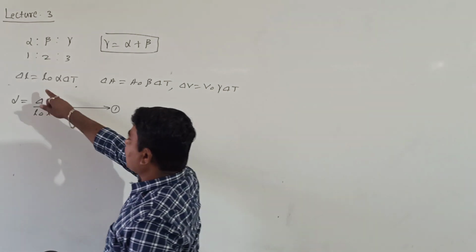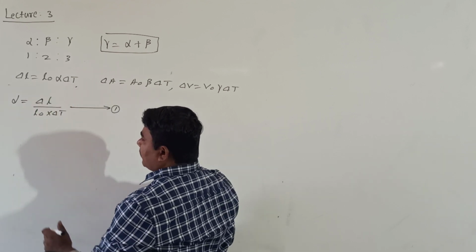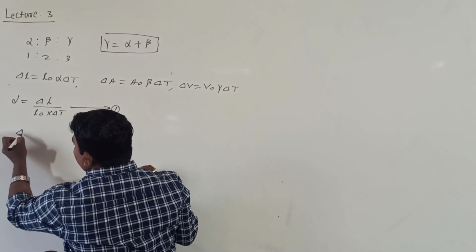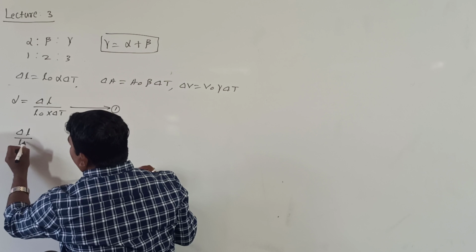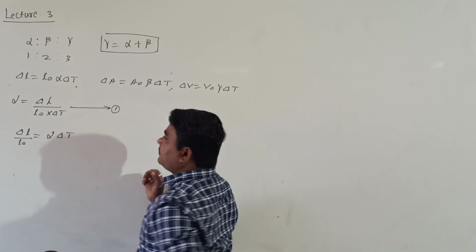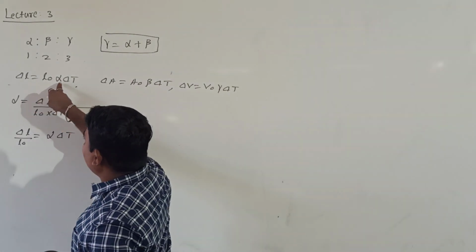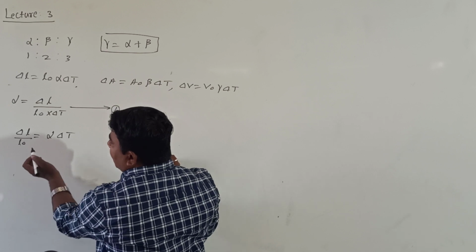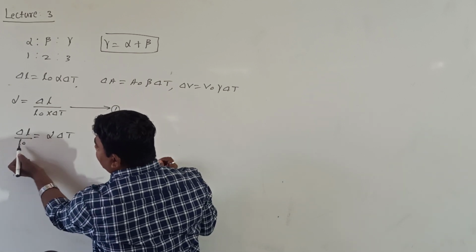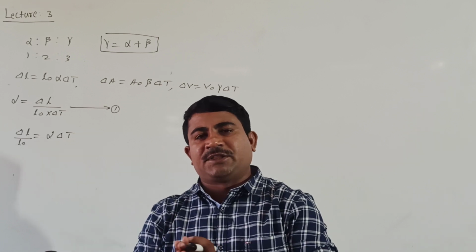See here, look at this relation. Del L equal to L0 into alpha into delta t. This ratio, change in length divided by original length, equals alpha into delta t. Del L divided by L0 equals alpha into delta t, where del L divided by L0, change in length divided by original length, is nothing but the fractional change in length.